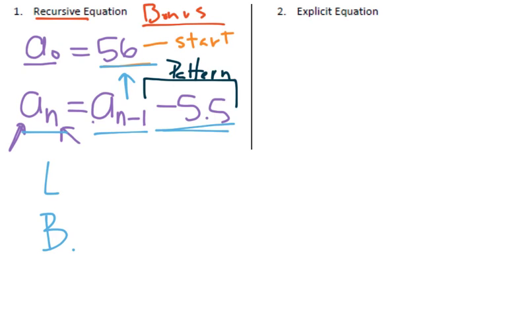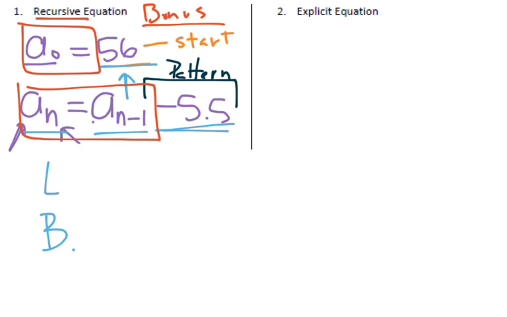Plus, it's just kind of complex looking, not in the idea, but how it looks. Just remember that yours will always have all these parts the same. The only difference is what starting number and what pattern you'll put in there. Okay. So the explicit equation, alright, that's where we're headed next.